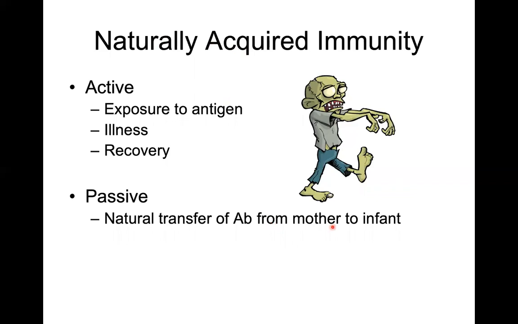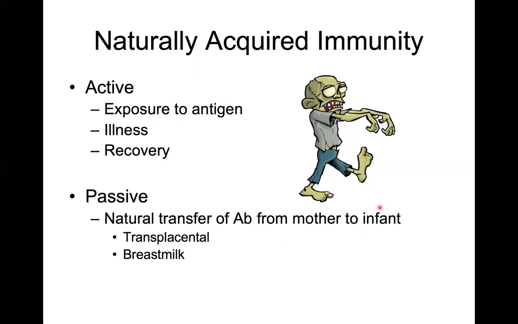So let's say that natural passive acquired immunity occurs from mother to infant, so upon breast milk or transplacentally. So you have the mother that had developed an immune response to whatever over the course of living her life, and she is passing on the antibodies from her breast milk to the newborn infant.